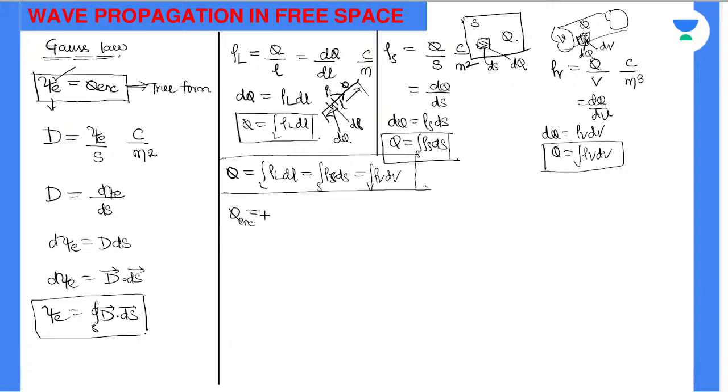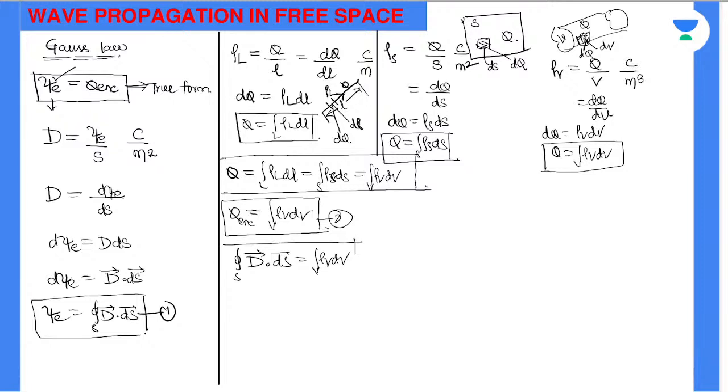So charge enclosed is volume integral of rho v dV. Equating these two equations, psi is equal to charge enclosed. Closed surface integral of D dot dS is volume integral of rho v dV.